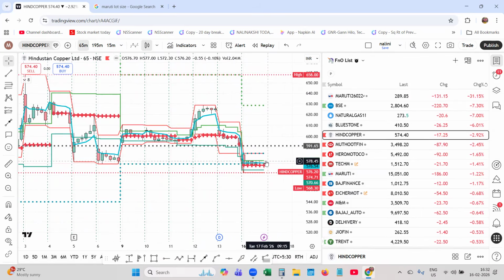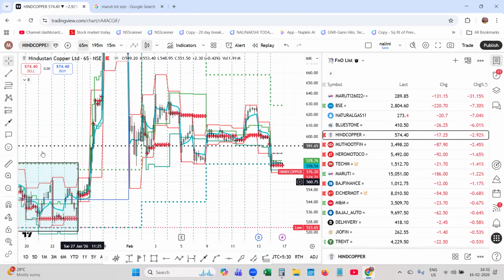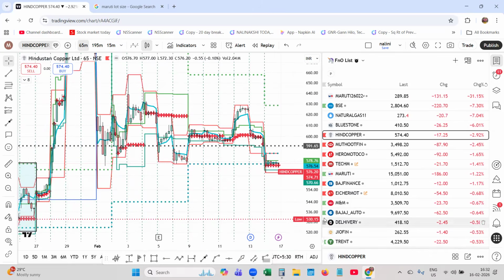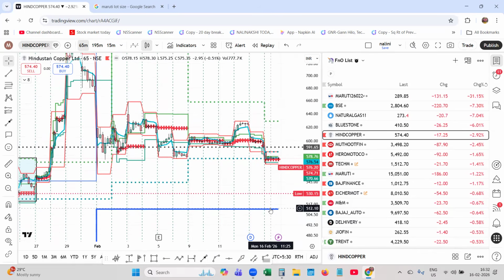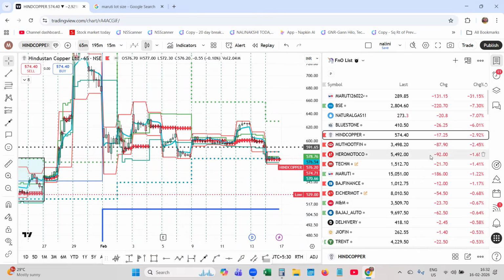We can keep it in our watch list for the trade. This is the point of control. This is the previous monthly low. So these are all the important parameters we see for that.